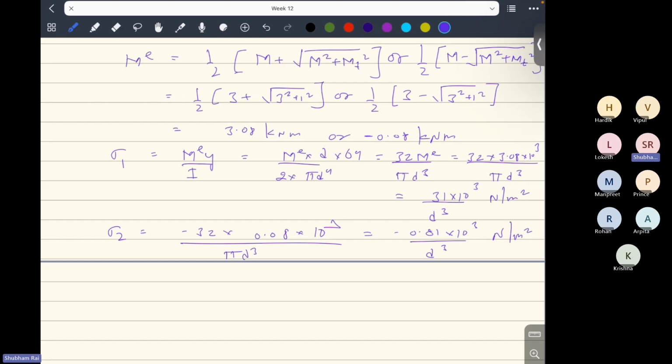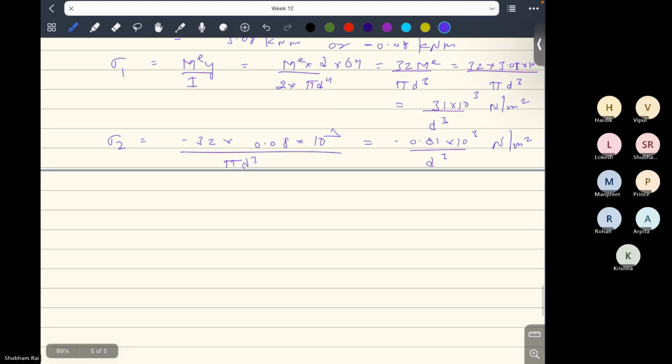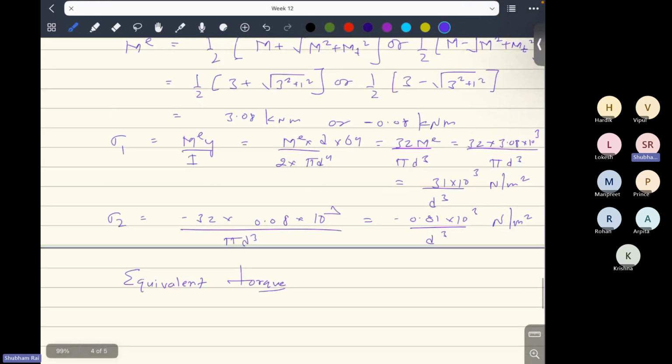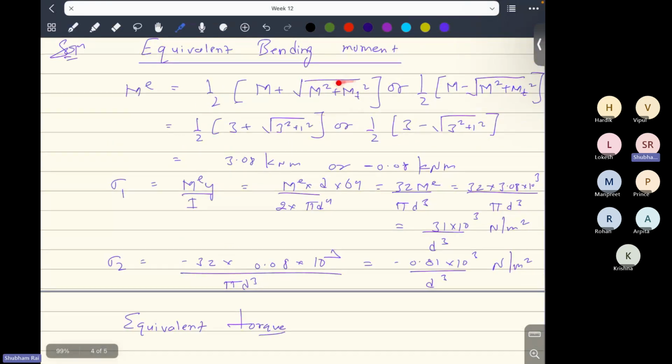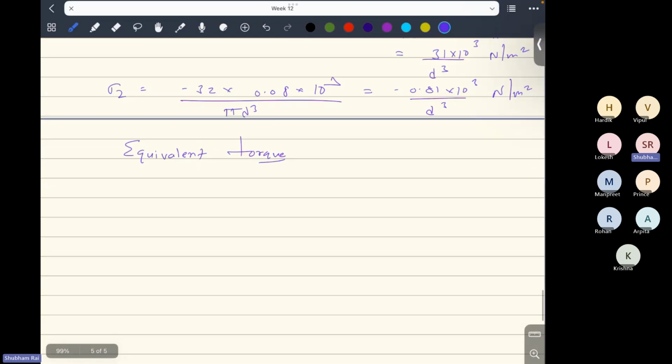Then we can find the equivalent torque also. So equivalent torque is this part, square root of M square plus MT square. So MT equivalent, I'm just writing here, will be square root of M square plus MT square. That should be 9 plus 1, square root of 10, right?